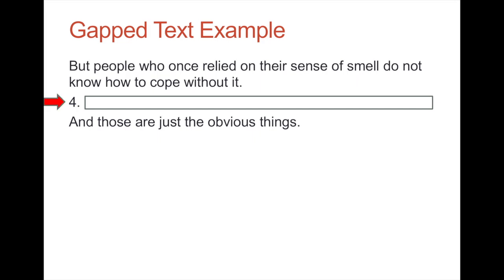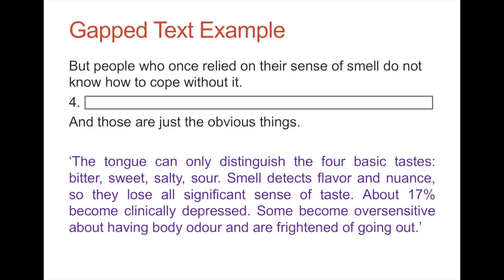Then I have this gap. And then after the gap, I have the sentence, "And those are just the obvious things." Oh, keyword: those. What does the word those refer to? Well, that is what is in the missing paragraph. That is what I have to find from an answer choice. So then I find my paragraph and here it is.